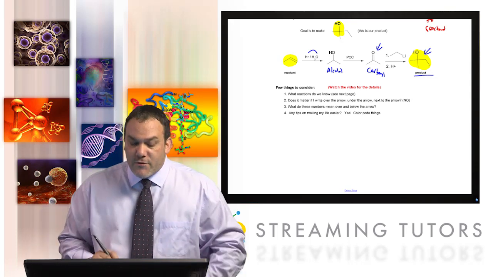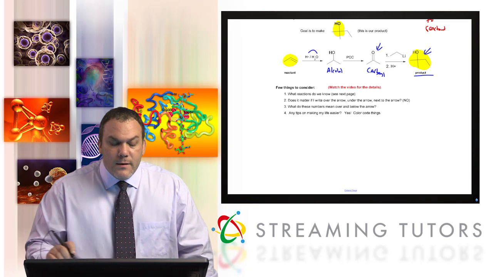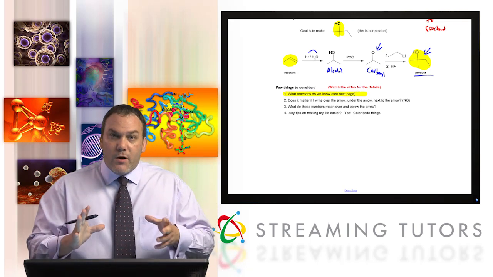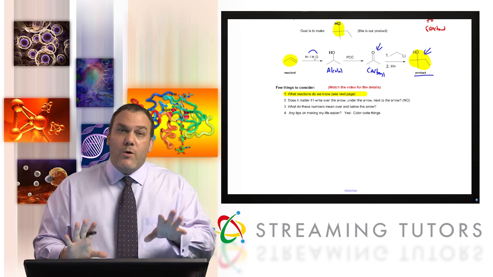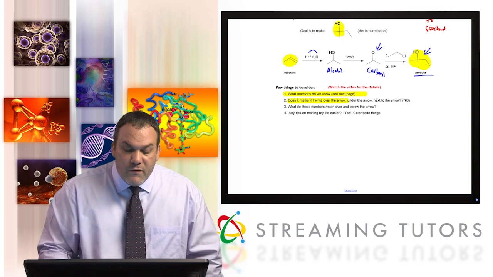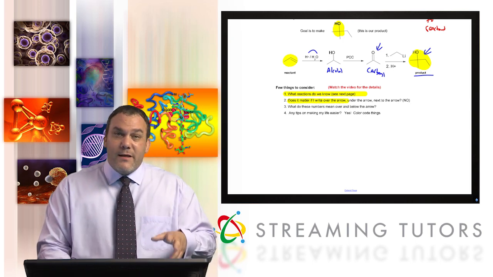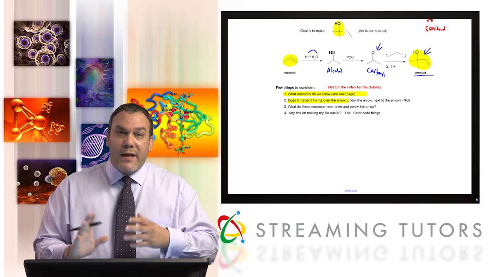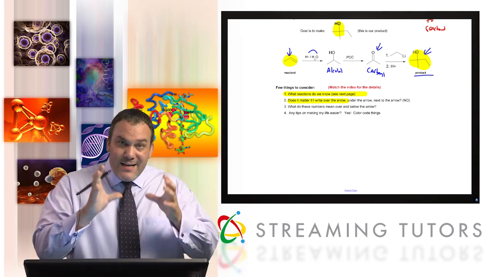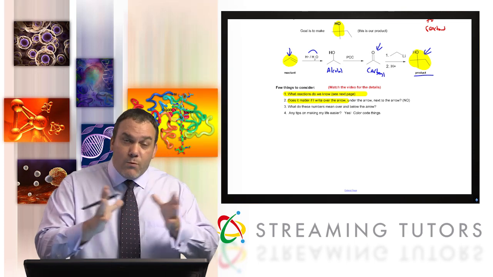Okay? That's retrosynthesis. Now, these are the points. The first one is, what reactions do we need to know for our exam? And that's the next page. We'll go over that in a moment. The next point, does it matter if I write over the arrow, under the arrow, next to the arrow? And as I showed you a moment ago, the answer is no. Look, this alkene could be next to H plus or next to water.